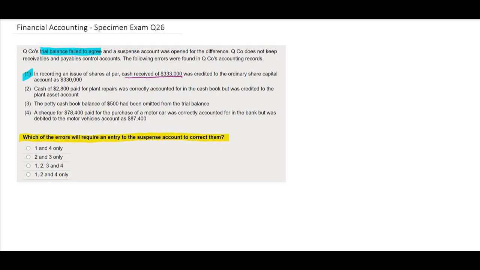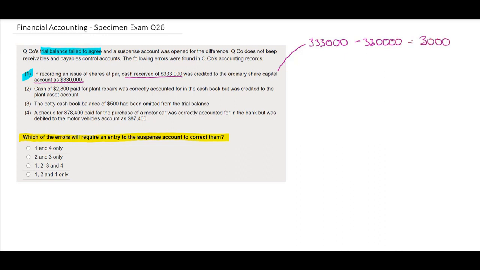$333,000 was credited to the ordinary share capital account as $330,000. We therefore have a difference on our share capital account. What should be there is $333,000, but what's been posted is $330,000. And so we have a difference of $3,000.